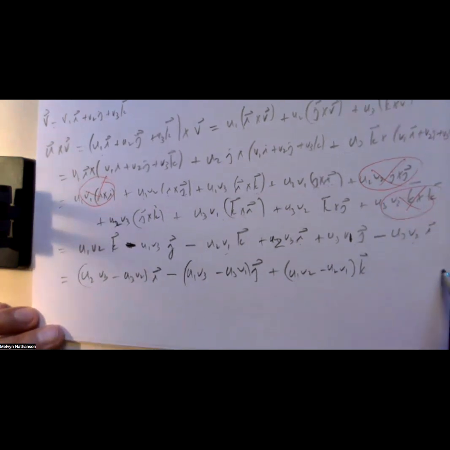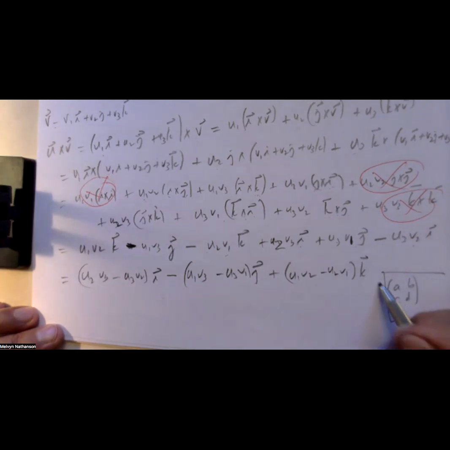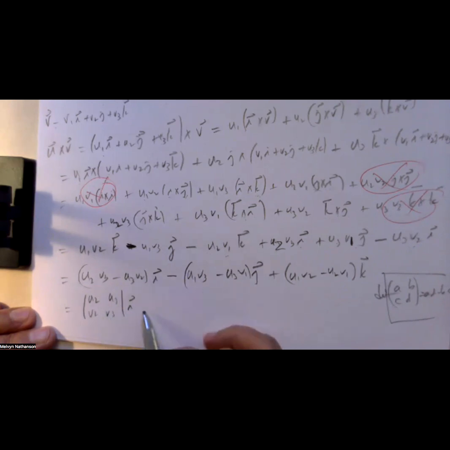And you might remember from high school algebra, if you have the 2x2 matrix a, b, c, d, the determinant is ad minus bc. So this expression is exactly the determinant of the 2x2 matrix u2, u3, v2, v3, because ad minus bc gives u2 v3 minus u3 v2.